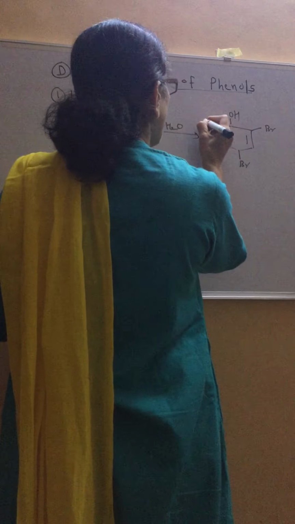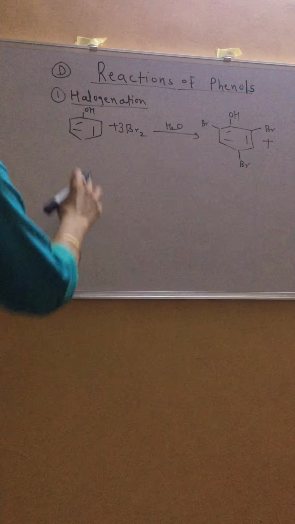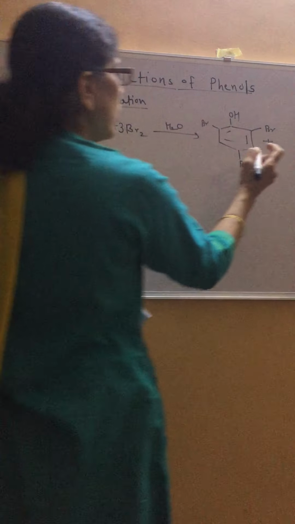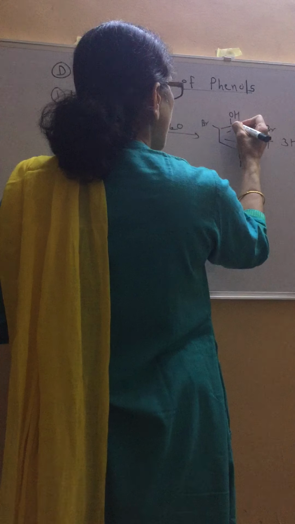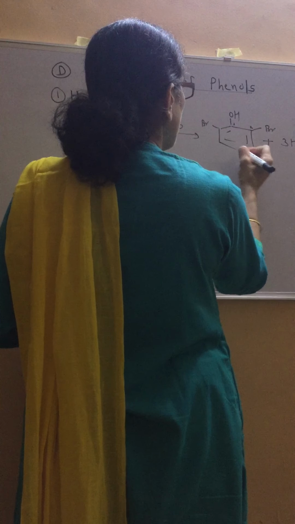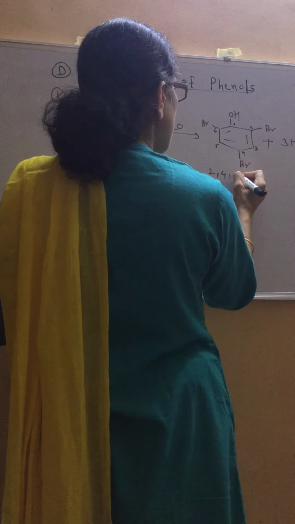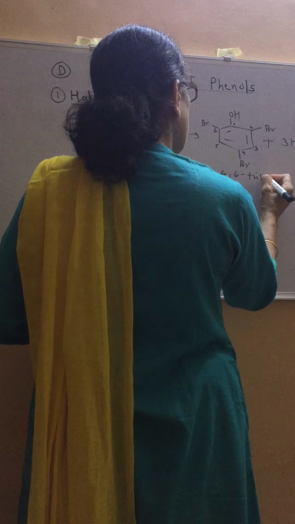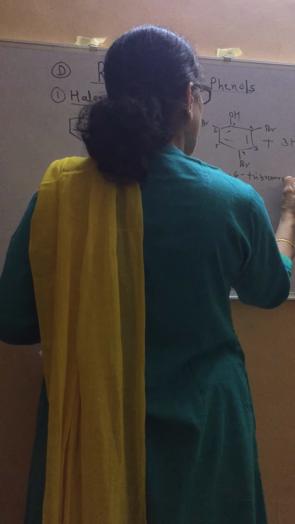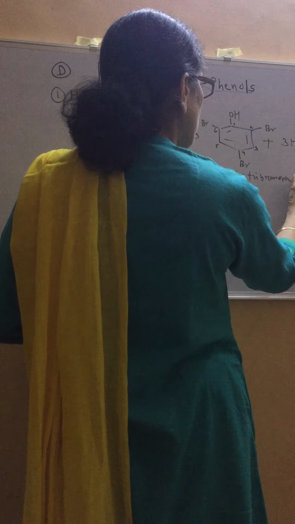Hydrogen atoms are substituted by bromine, and the 3 hydrogen atoms which are substituted and the remaining Br form 3HBr. And this is 1, 2, 3, 4, 5, 6. So 2, 4, 6 tribromophenol. The product obtained is 2,4,6 tribromophenol.